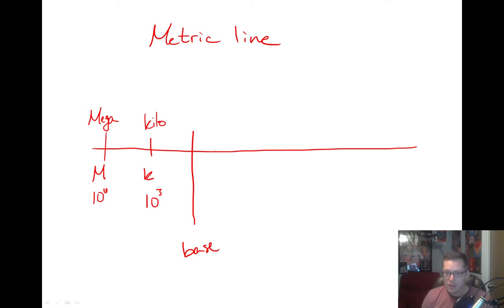We had deci, a lowercase d, 10 to the -1st. Then centi, a lowercase c, 10 to the -2nd. Then milli, a lowercase m, 10 to the -3rd. Then my favorite, micro, a lowercase u with the tail on the front, and that was 10 to the -6th.